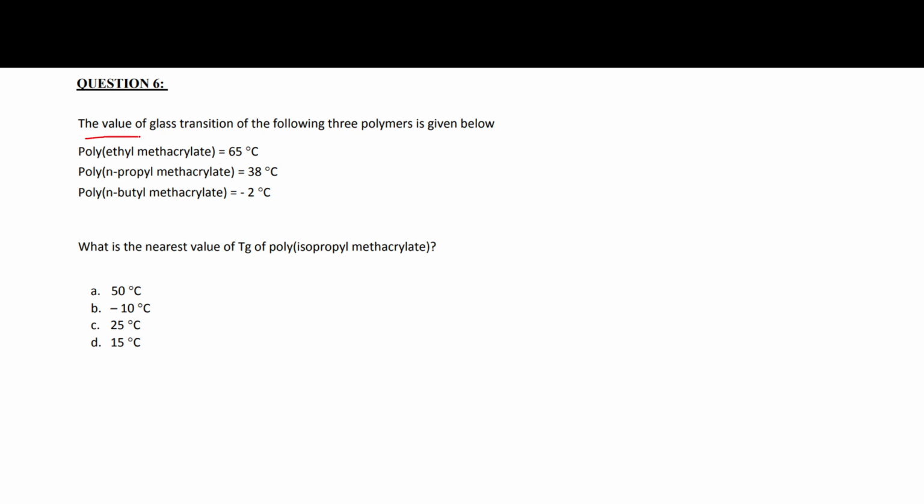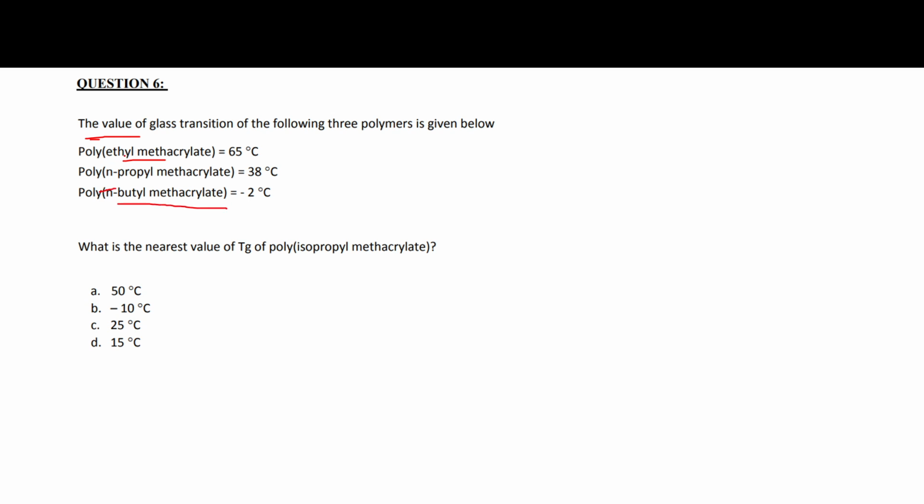Now the next question is that you want to predict the value of glass transition temperature. Given are polyethyl methacrylate, poly-N-propyl methacrylate, and polybutyl methacrylate.